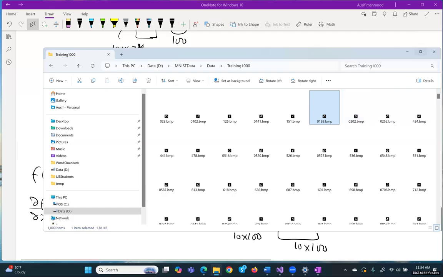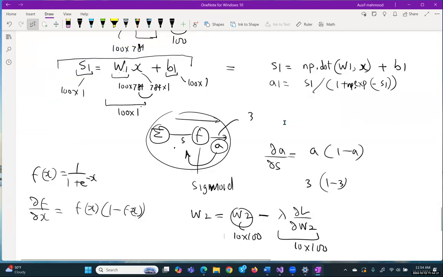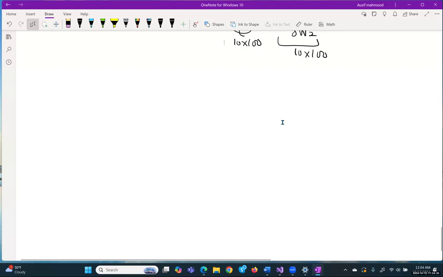Remember, as we train our network, we have to know the input data. If it is some kind of a 7, as I mentioned, there are 600 images for these different types of 7s. Some may look like this, some may look like this, right?